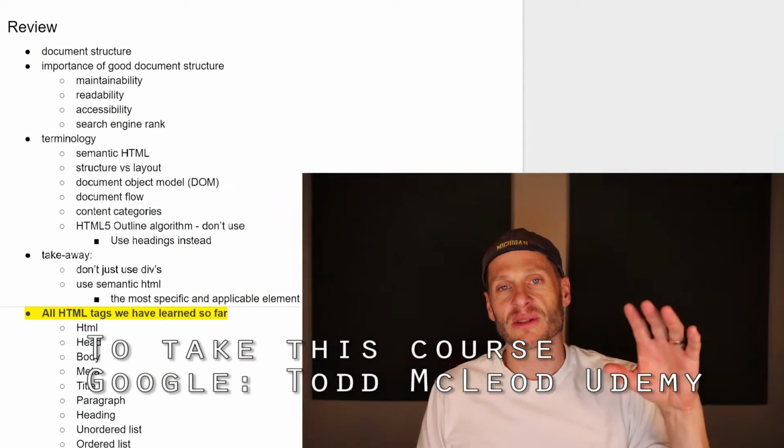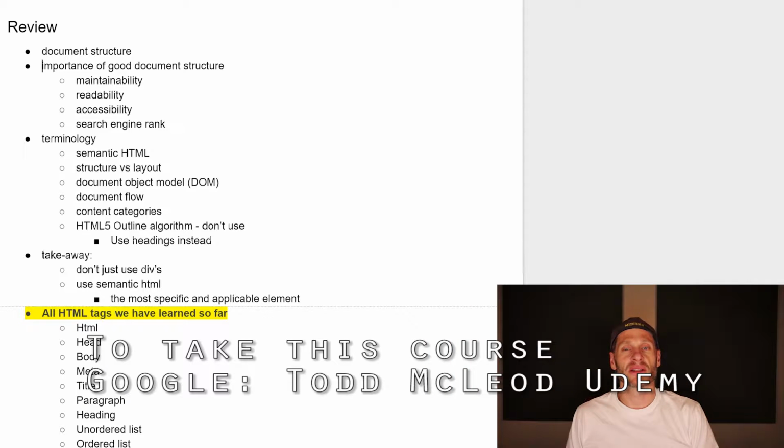In this section, we've learned some great stuff about structuring documents. We've been focused upon semantic HTML, and we've become more familiar with a lot of these semantic HTML tags. We're really getting down into the nuances and the details about which tag do we use where. And we've seen how using semantic HTML provides a lot of meaning to the structure of our document.